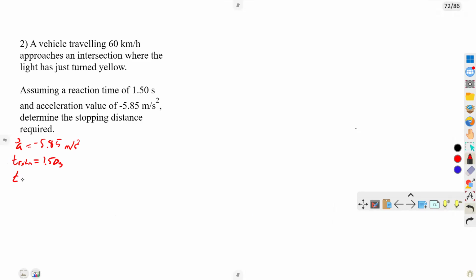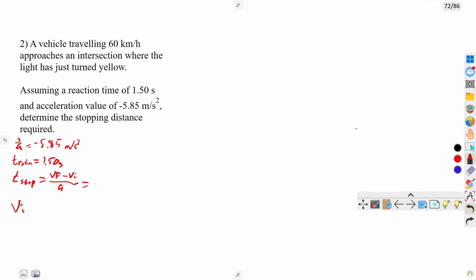We're going to have to find the stopping time. So that's one thing we're going to have to calculate here, which would be our VF minus VI over A, but that also means we need to find our VF.